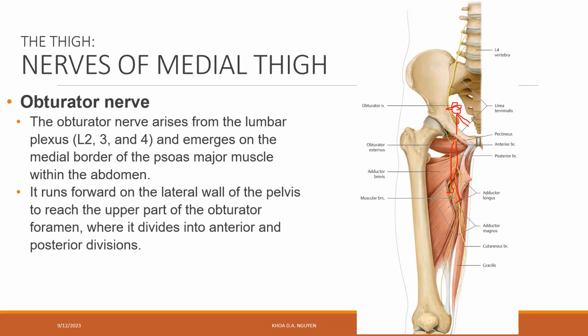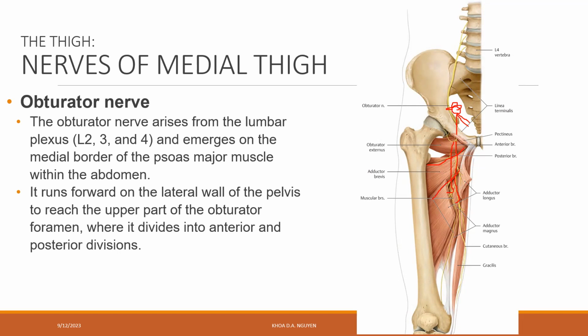And these two branches go right above the top of this muscle right here, the adductor brevis muscle. So it's like the obturator nerve rides on top of the adductor brevis muscle. That is always the image that they show us in med school.